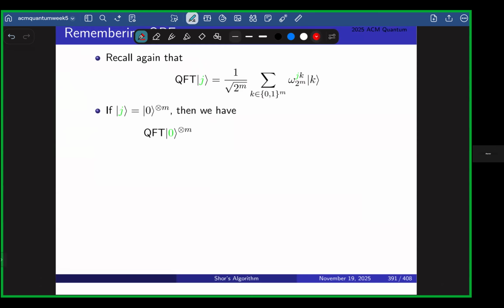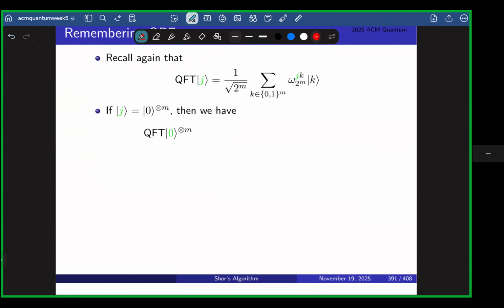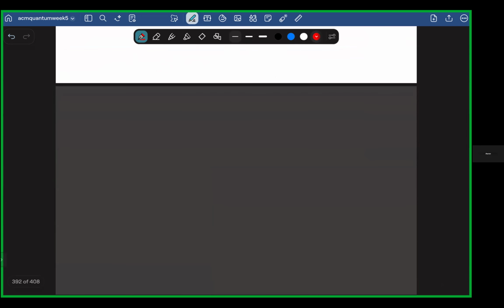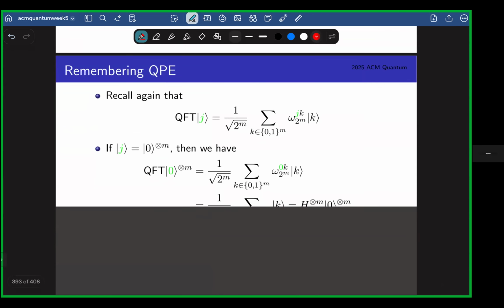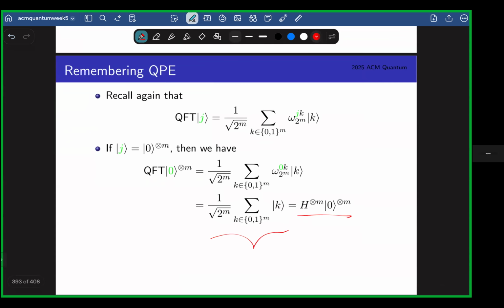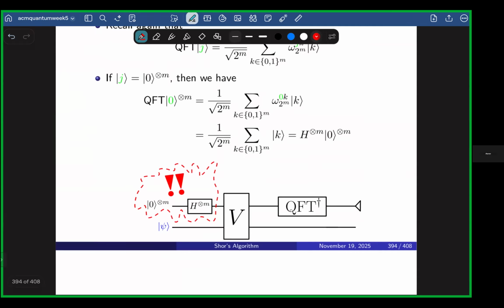Actually, no, I'm doing something else. At the beginning of the circuit, we apply Hadamard gates, but let's make an observation. If we apply quantum Fourier transform on just the zero state, so when J equals 0, what we actually get is a uniform superposition, which is actually H on 0. So Q of T on zeros is actually H of zeros. I wanted to emphasize that.